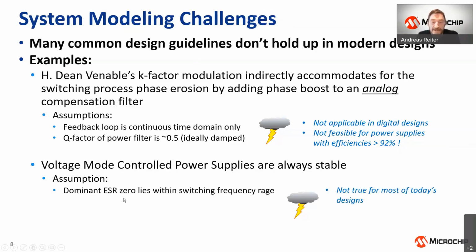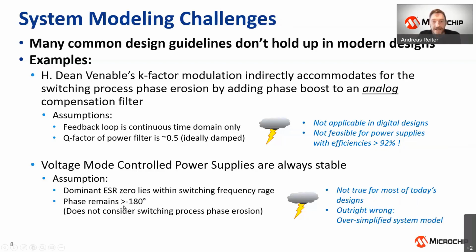So in many designs we see today, especially high frequency designs and smaller DC to DC converters, there is no ESR zero anymore within the switching frequency range. So ESRs have dropped so far that they are usually in a way higher frequency range where they don't influence the relevant frequency range we are working in.